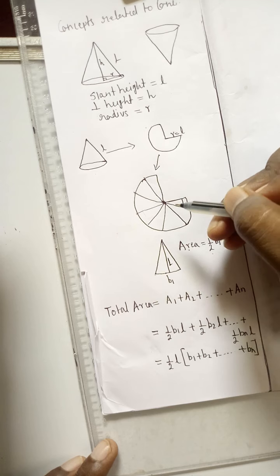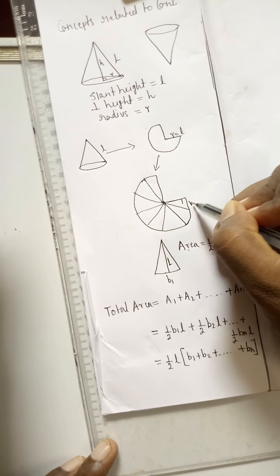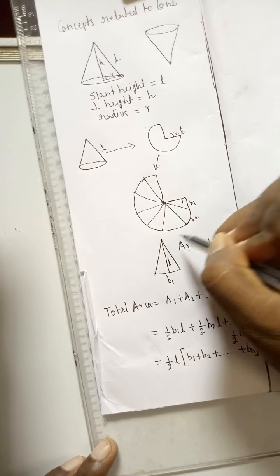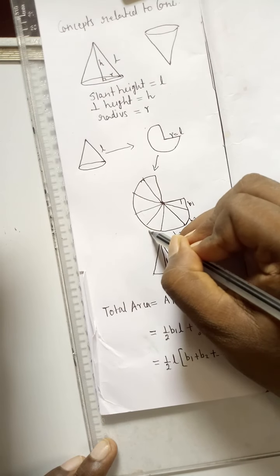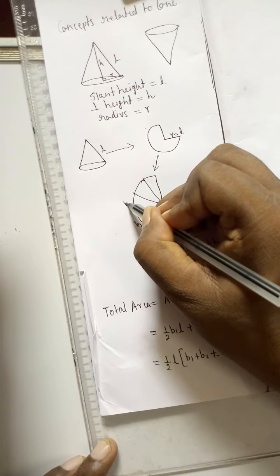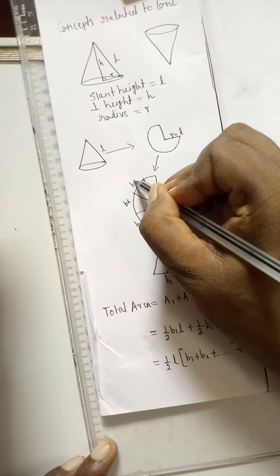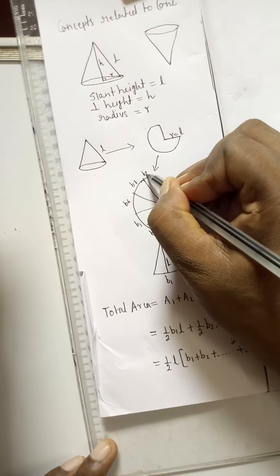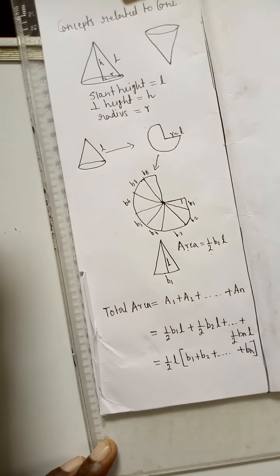Let's go back to this figure. This is B1, this is B2, this is B3, this is B4, this is B5, this is B6, this is B7, this is B8. Like this you may have more triangles.